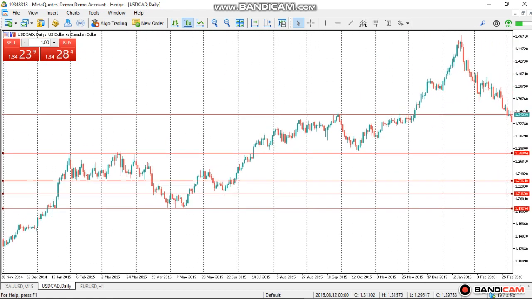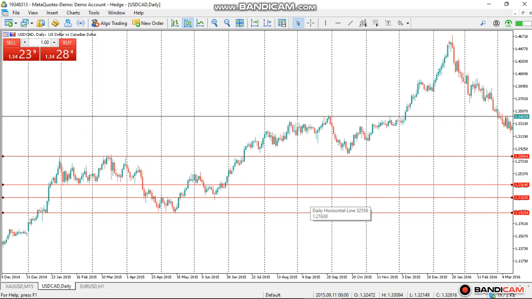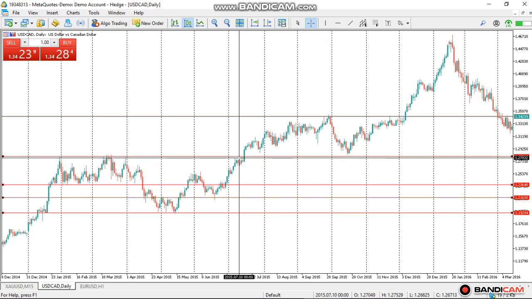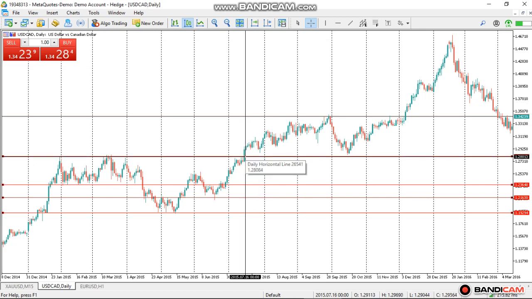Okay, now let us take a look at the future, or what happens to the United States Canadian dollar in the future. So what happens is that they broke out of our resistance area around the 15th of July.